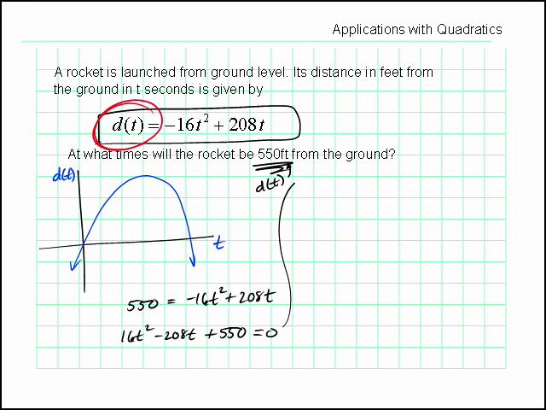The quadratic formula, t will equal negative b plus or minus the square root of b squared minus 4 times a times c over 2a. Plug in our numbers. Now, b is negative 208. Negative 208 here, negative 208 there. A is 16, and c is 550.